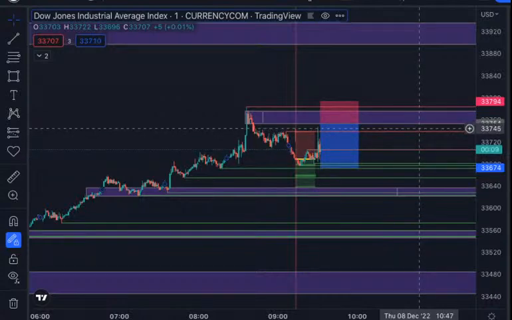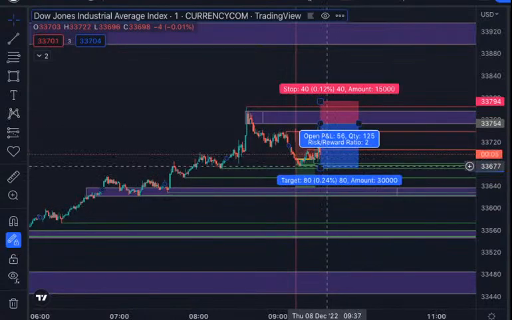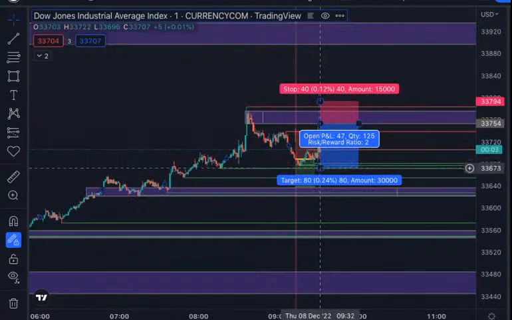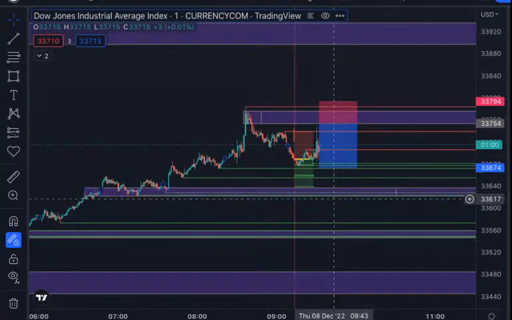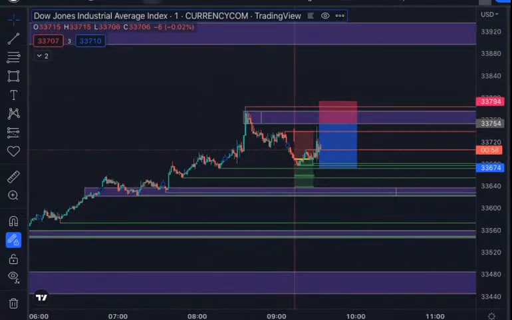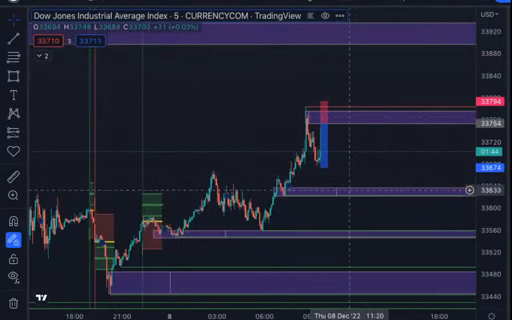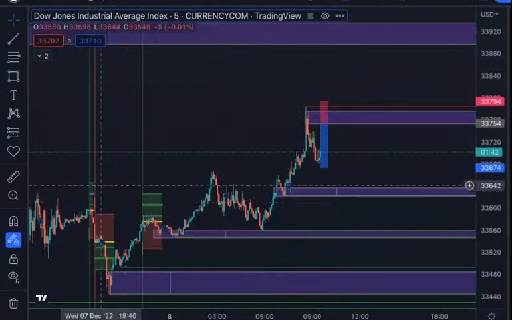We could easily look for price to come down, take out some of these lows, and then push back to the upside. But let's check out these higher time frames.